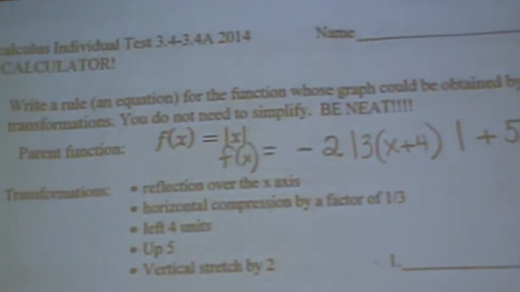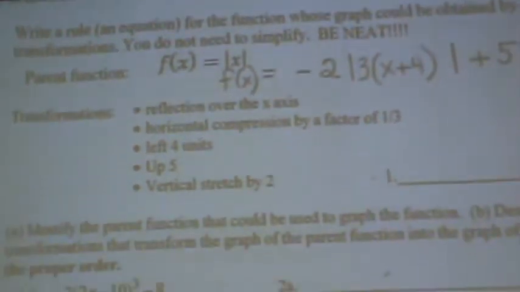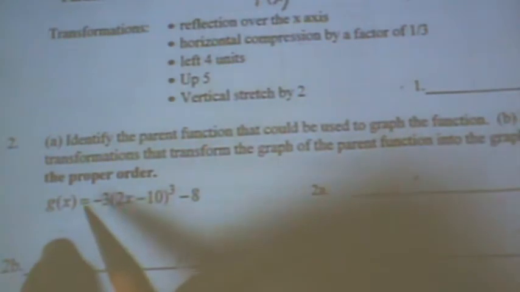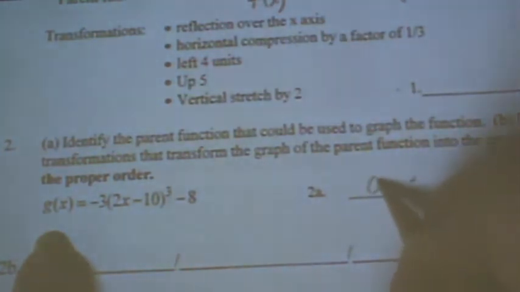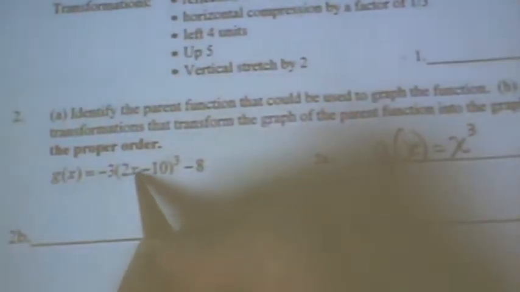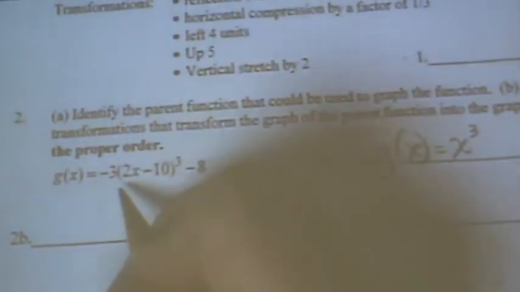In this, you should be able to do all the transformations. Now, when you're doing the transformations, your parent function, you should be able to pull that out. This would be g of x is equal to x cubed. Always remember that the x value has to be pulled out.